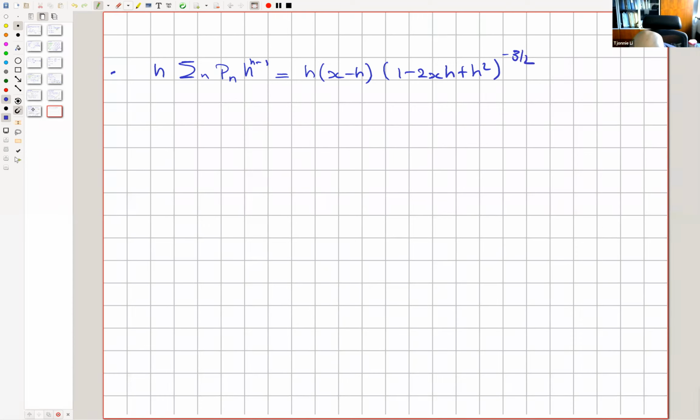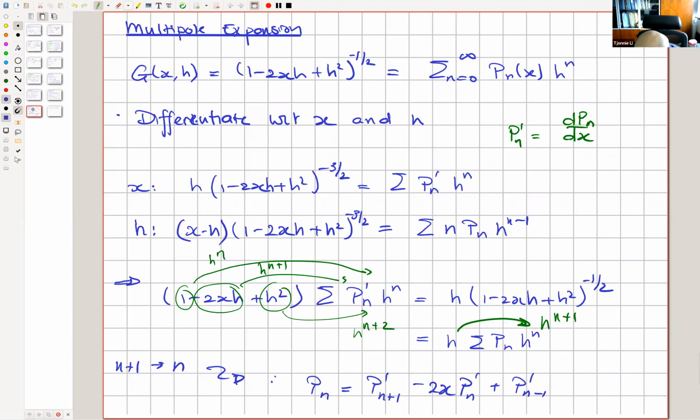Okay, so let's take a look here. So what have I done? Here I'm simply going to, again, multiply this equation here by h. I'm putting h here, and I'm putting an h here.